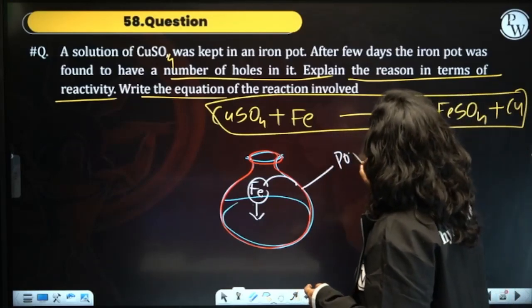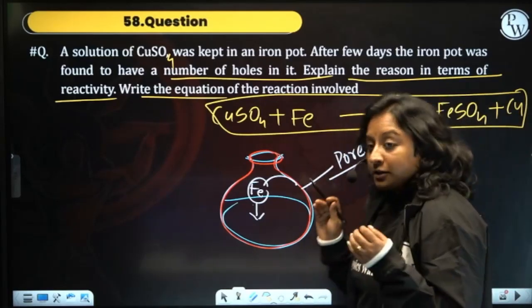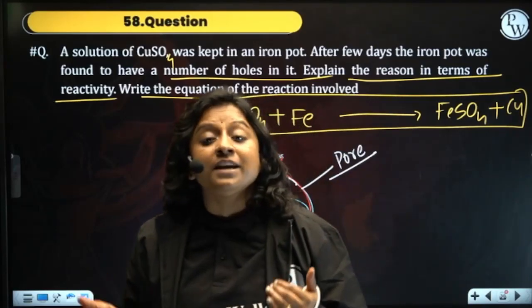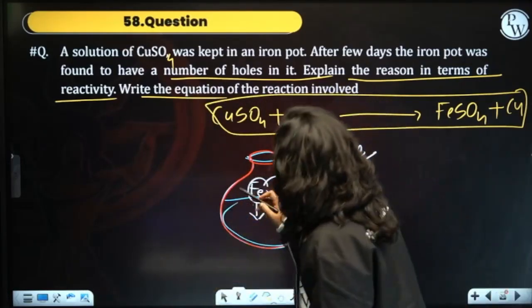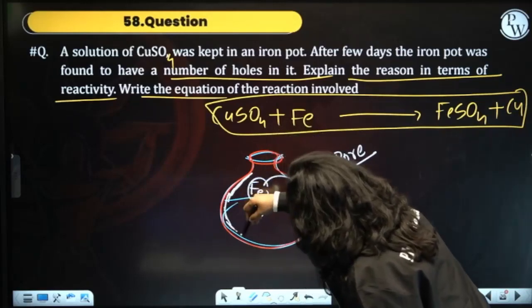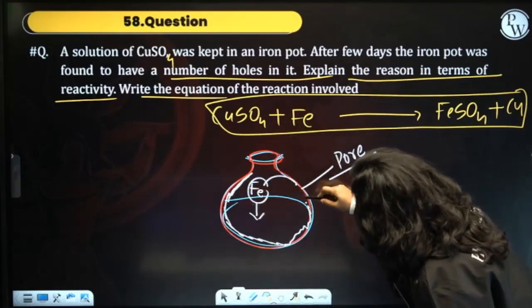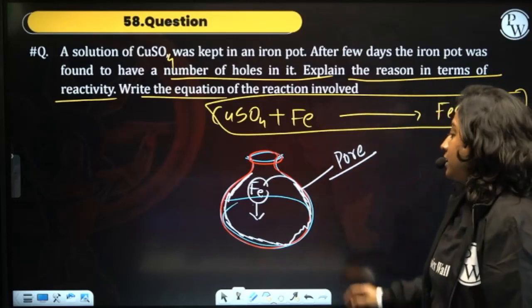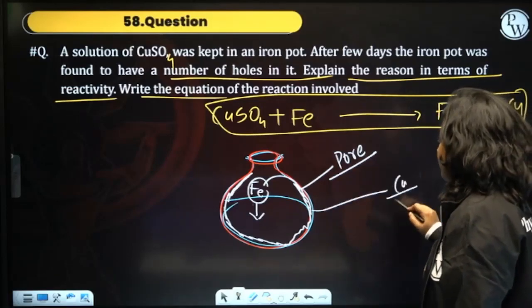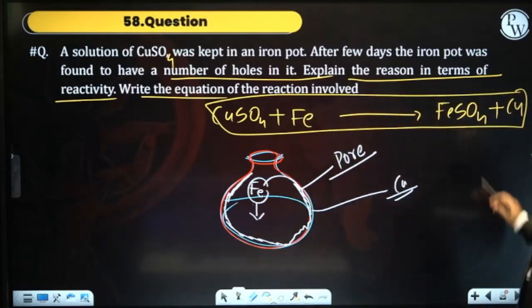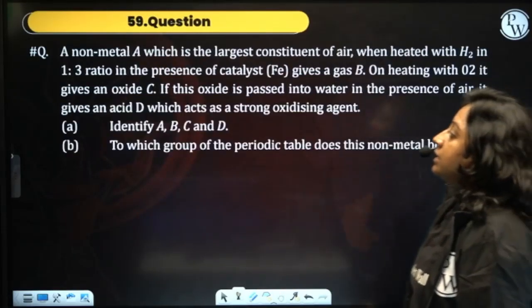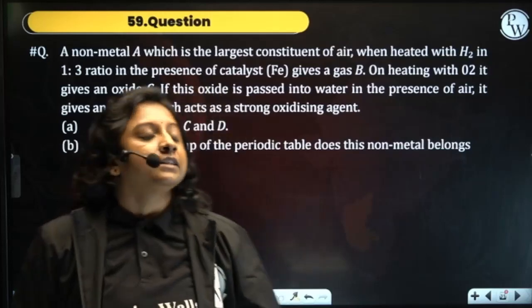Why do pores come on this pot? Because that pot is made up of Fe. Now Fe is getting into the solution to displace copper. So copper gets accommodated on the surface of the pot, the inner lining of the pot, but iron is getting out of the pot. This is the equation.